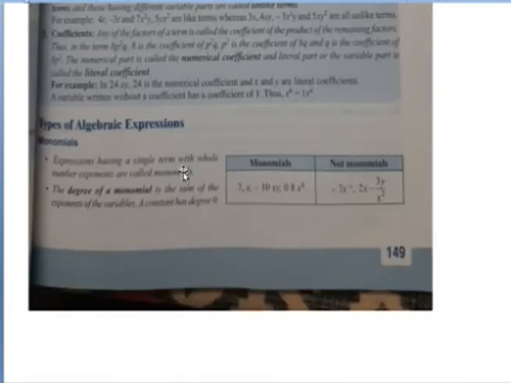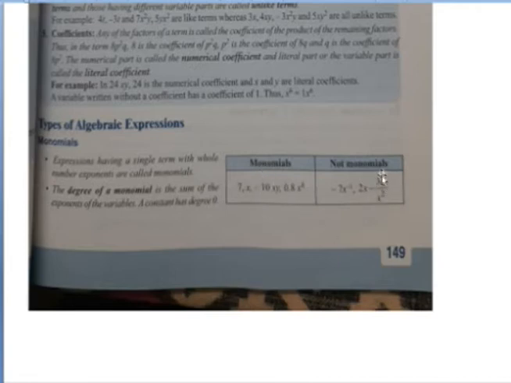Types of algebraic expressions. Expressions having a single term with whole number exponents are called monomials. Mono means one. So monomial is where only one term is available. Like here 7 is a monomial, x is only one term, minus xy is only one term, 8x to the power 4 is one term. So these are monomials.